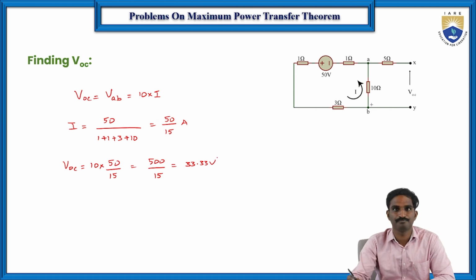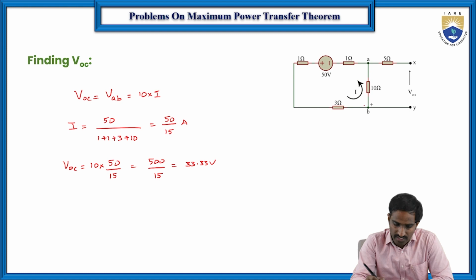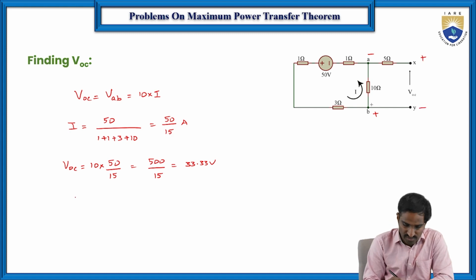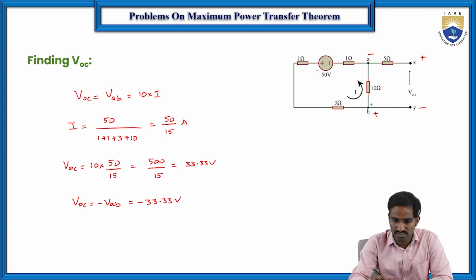Which is 33.33 volts. But as you can see, the VAB that we considered has plus here and minus here, whereas actually for VOC it is plus here and minus here. So VOC is equal to minus VAB. So VAB is 33.33, which means VOC is minus 33.33 volts, because the current direction is like this, so the voltage here is plus and minus.